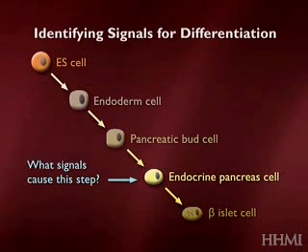The hint from this came not from any complicated experiment, but from the simplest kind of thing a scientist does, which is to just watch, to observe what happens in normal development. And by watching the normal development of pancreatic beta cells in mice, my colleagues and I observed an interesting fact, which is that at every stage of their development, pancreatic islets seem to be right next to blood vessels.